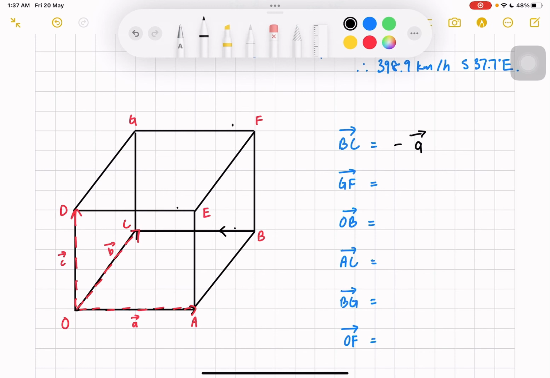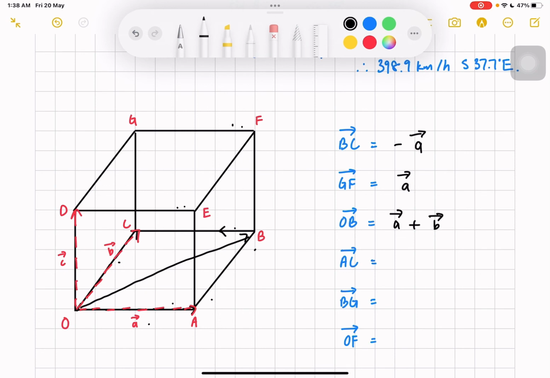As I said previously, if A is parallel to this, then vector GF is also vector A. Now OB is actually this diagonal. But how do we find it? Well, we can just add vector A to vector B, since vector B is the same as here. So we can just write vector A plus vector B.